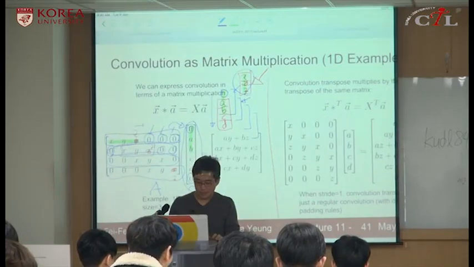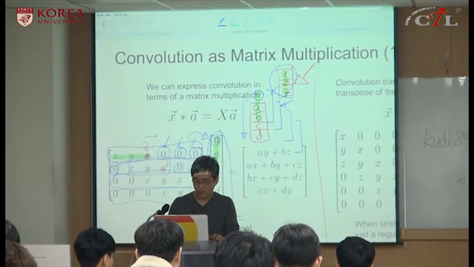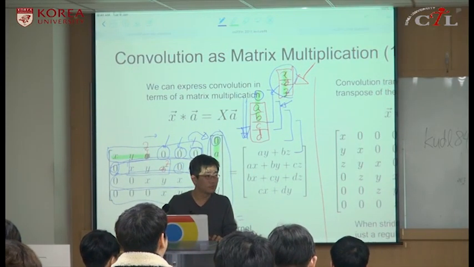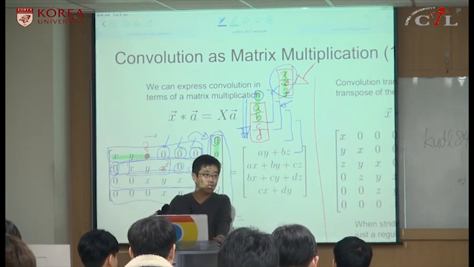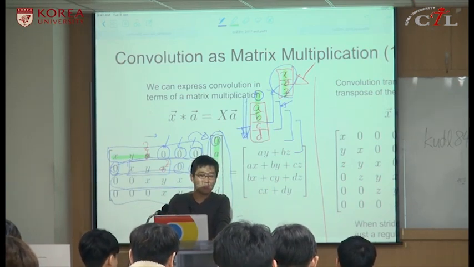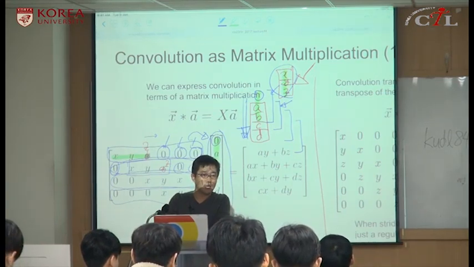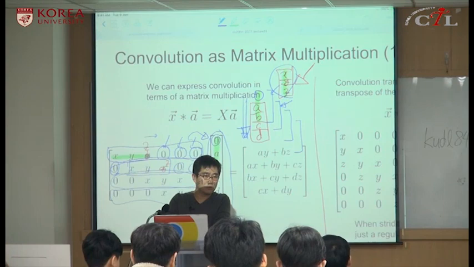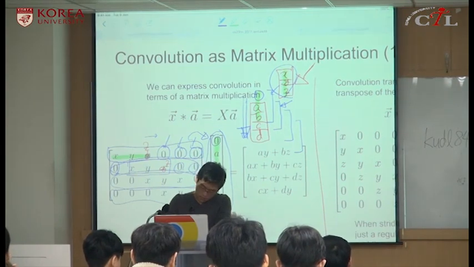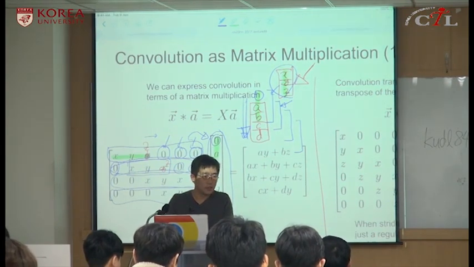So in practice, if we implement this as a for loop, when our GPUs are looking at this computation, they will not know how to parallelize this for loop, okay?